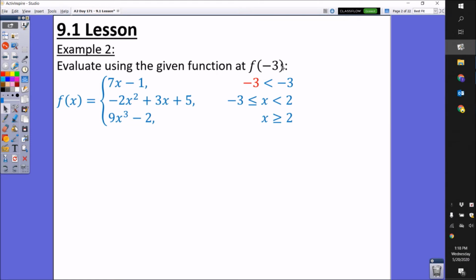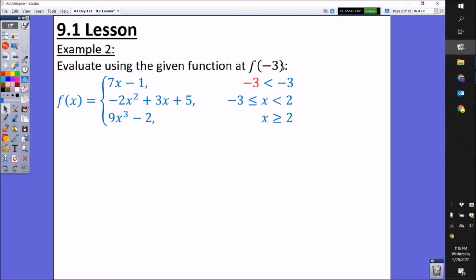I'll plug in negative 3 for x, and if you read the statement out loud, negative 3 less than negative 3. Well, that part is not true, and the reason is that negative 3 cannot be less than negative 3. The only relationship would be negative 3 equal to negative 3.